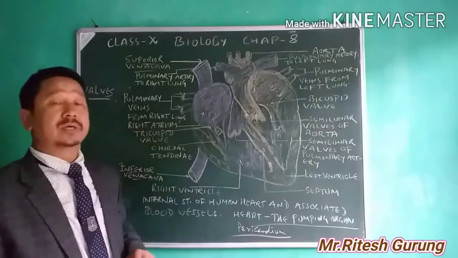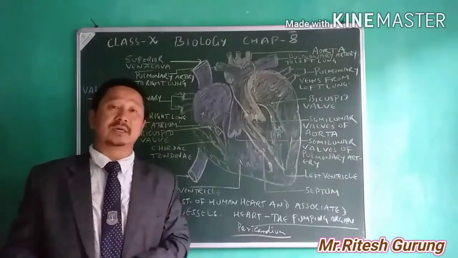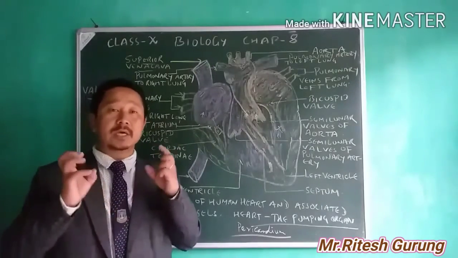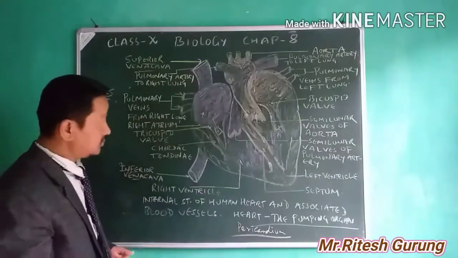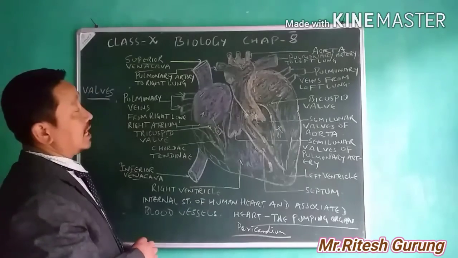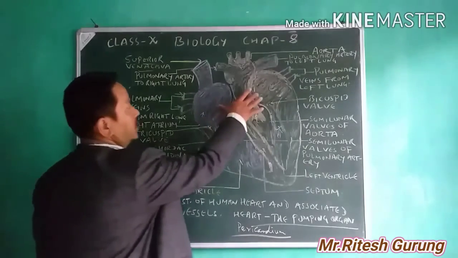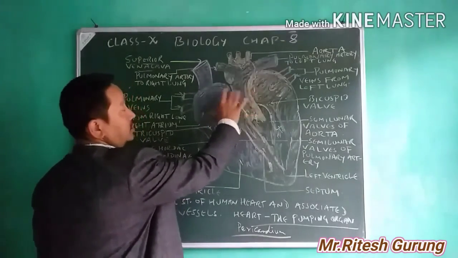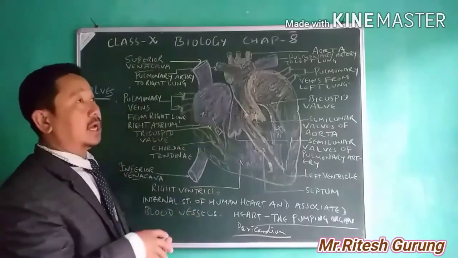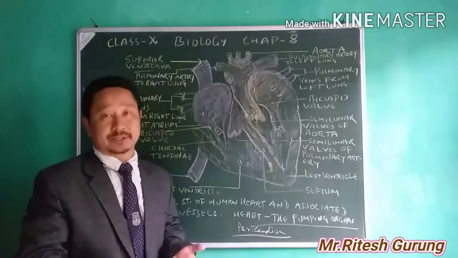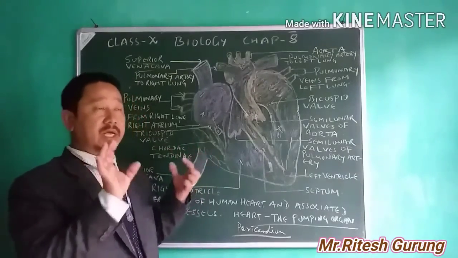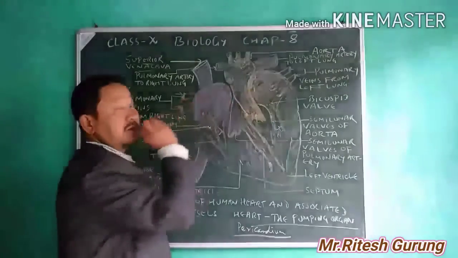Now let me tell you about the flow or circulation of blood through the human heart. First, the upper regions are already full of blood. They are already expanded, so they are full of blood.